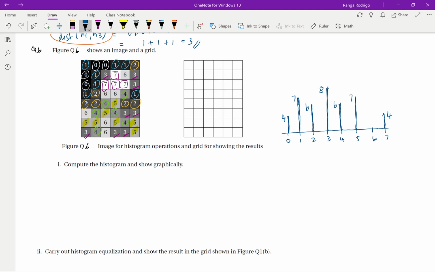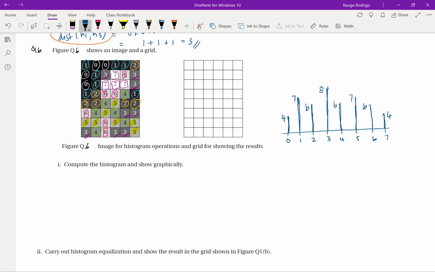Now with intensity 6, which color? I don't know. 1, 2, 3, 4, 5, 6. 6.